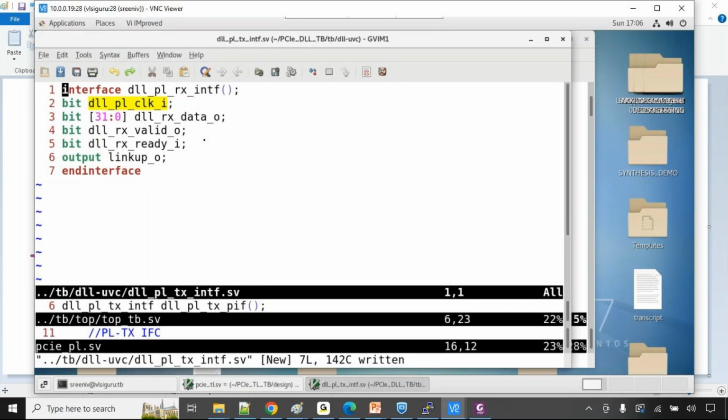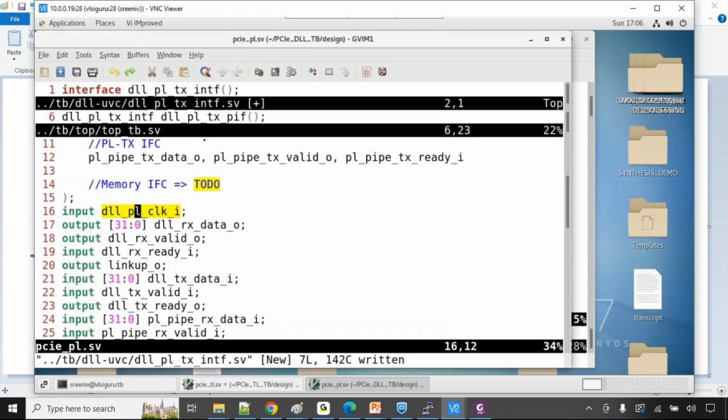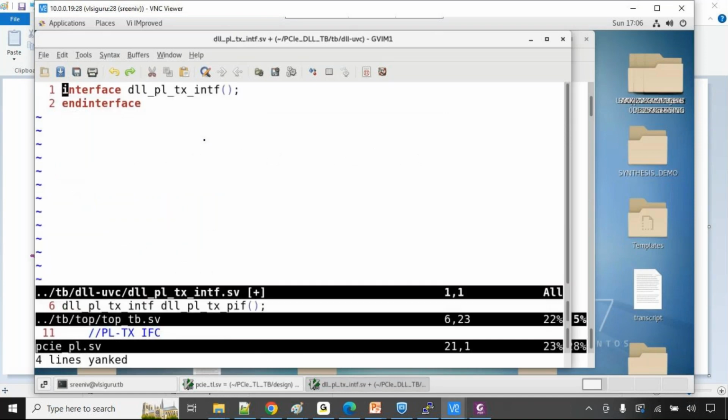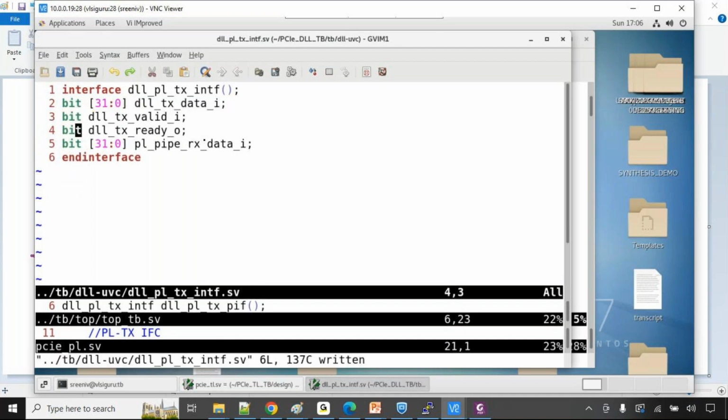Okay, the TX interface I need to change. Then I have to change these things. So for that, again, you can go here, copy these signals, and these things.